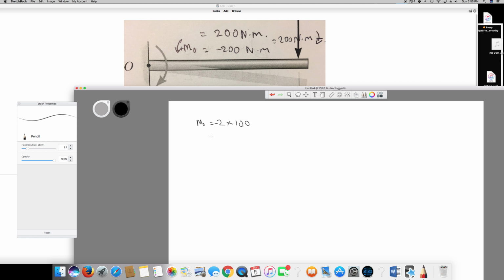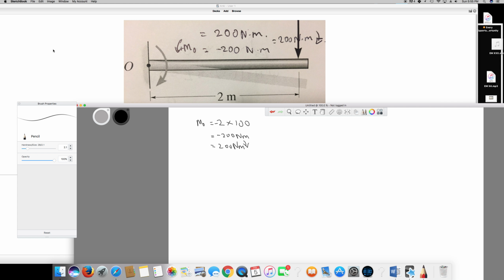So the total moment is negative 200 Newton meter clockwise. You can write minus 200 Newton meter, or you can write 200 Newton meter and draw the sign that is clockwise. So that is our final answer.